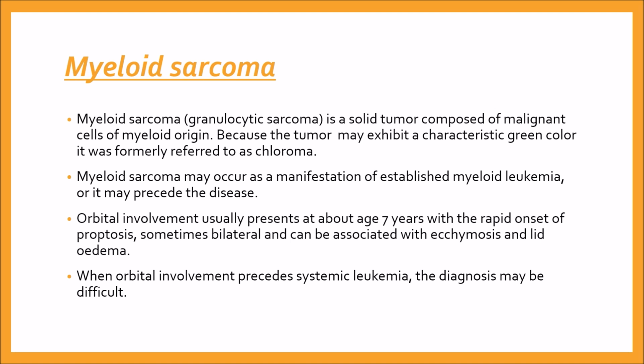Orbital involvement usually presents at about age 7 years with a rapid onset of proptosis, sometimes bilateral, and can be associated with ecchymosis and lid edema. When orbital involvement precedes systemic leukemia, diagnosis may be difficult.